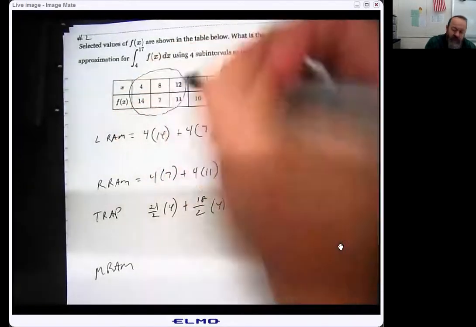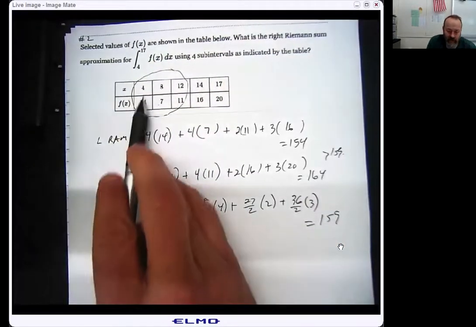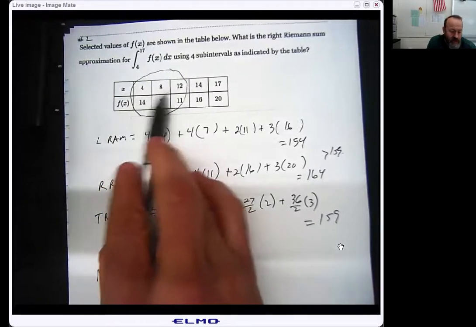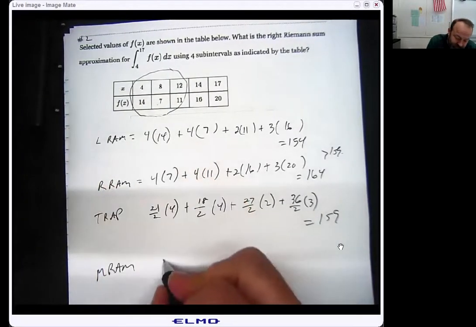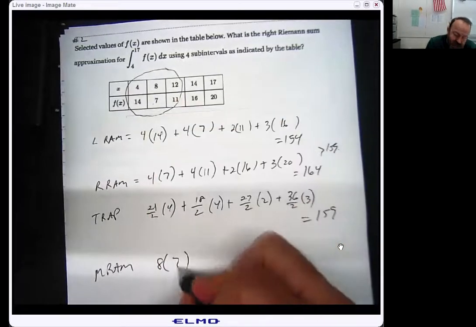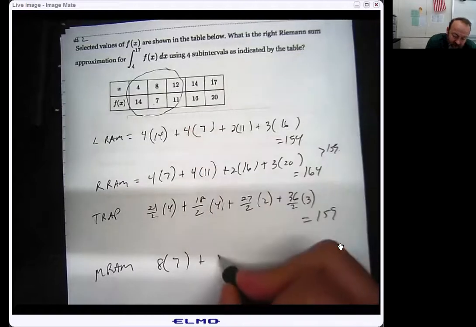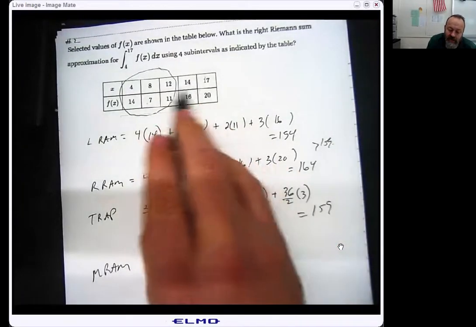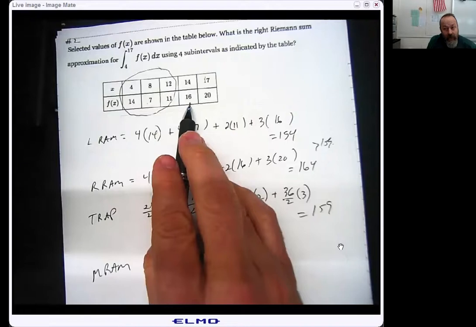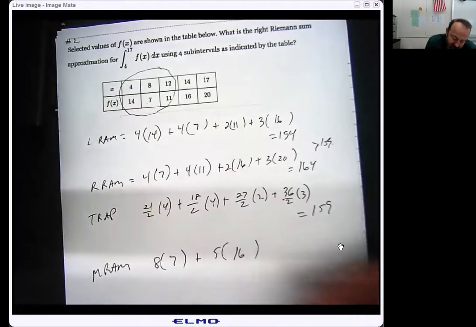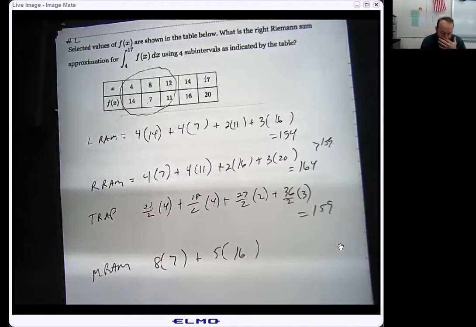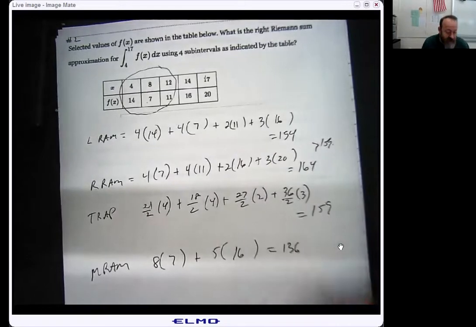When I look at that, the partition width is exactly 8 units wide, and the middle value is a 7. And then this one right here was 5 units wide, and a decent estimator. Now, this was not perfectly the midpoint, but it's close enough, and it was at 16. Well, if we put that all together, I think that's 136. Now, that's not great, but honestly, that was pretty fast. And if all you need is a quick estimator, it's not too bad.